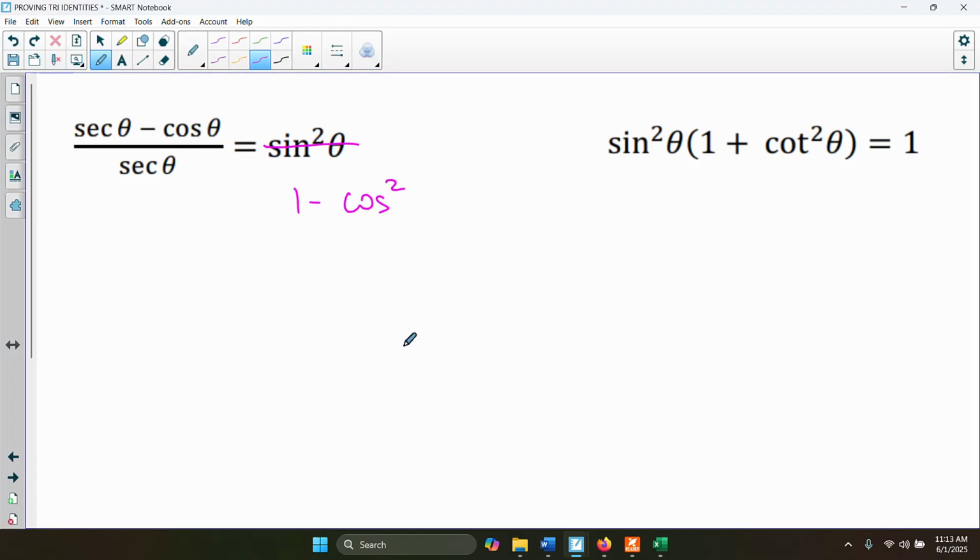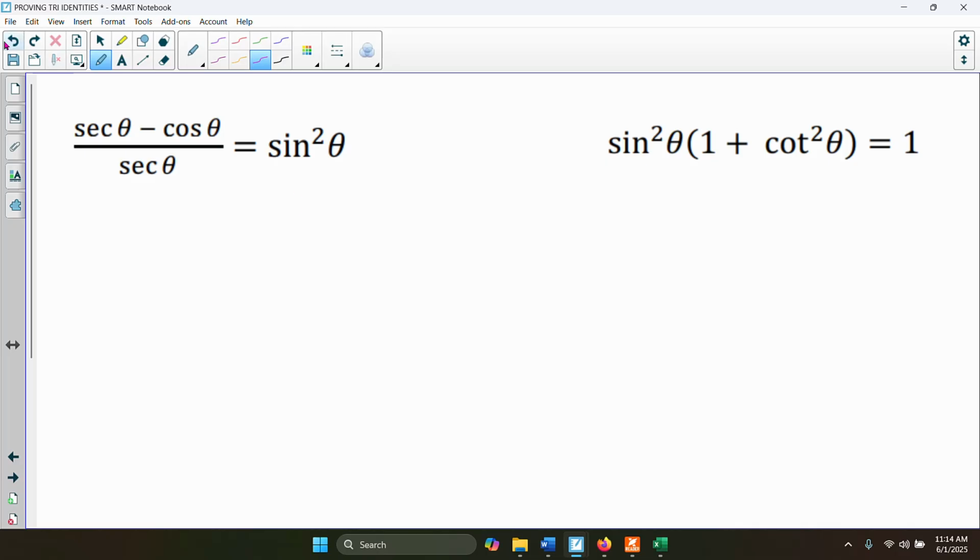Okay, that's fine. How does that help you over here? How do you see a connection? Not obvious at all. So that was sort of a dead end. You try and you don't see the next step.